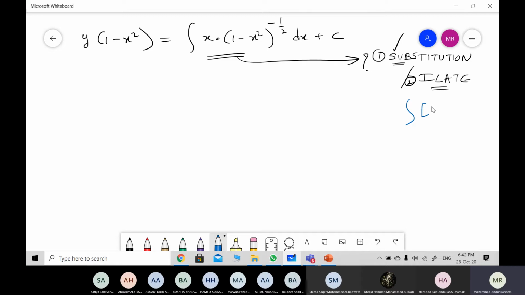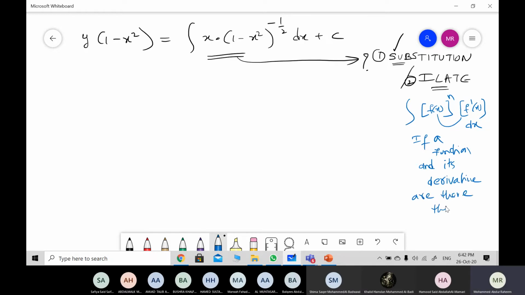If I see that some function and its derivative are there, then use this way.